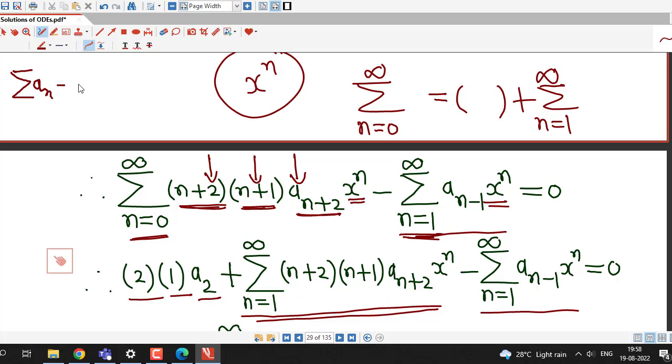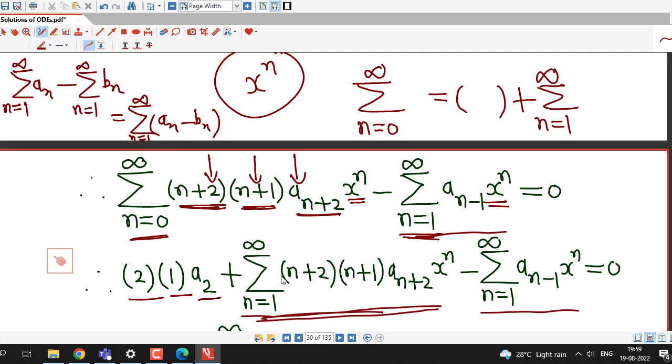We know that if I have sigma an minus sigma bn, if range is same, n equal to 1 to infinity, n equal to 1 to infinity, then this I can write as sigma an minus bn, n equal to 1 to infinity, provided all these summations or series are convergent. So now we combine these two summations and we will have sigma n equal to 1 to infinity, this quantity minus this quantity, and x raised to n can be taken common.